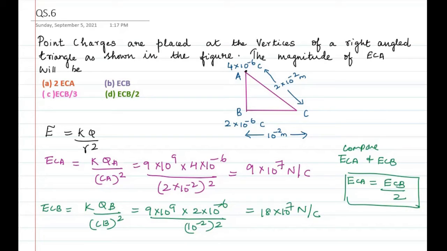ECA value is 9 and ECB value is 18, so when you divide 18 by 2, we get 9, half the value. So the option is D.